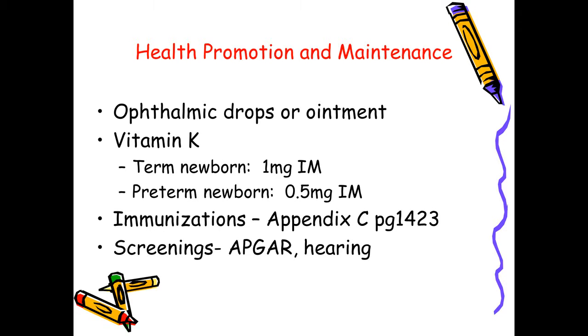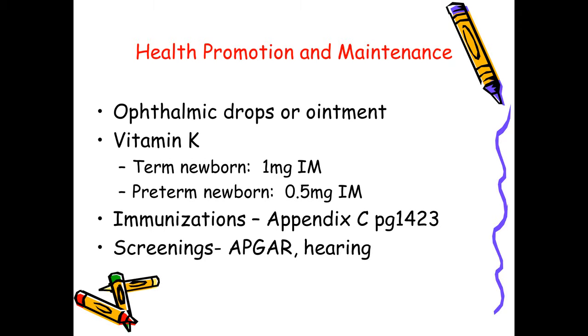Infants are also screened with their APGAR at birth, and prior to being discharged from the hospital, they have hearing screening that is done. Another health promotion that you need to be very familiar with is immunization. I would advise you to learn your immunization schedule.